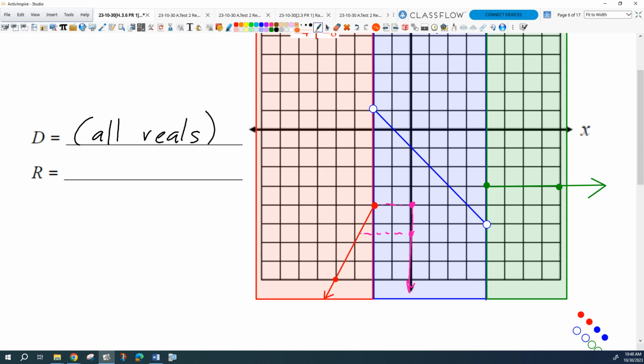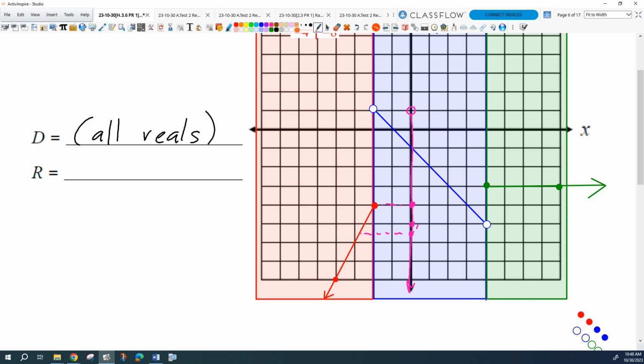What if I did the same with the blue? Well, the blue is going to have a maximum value of 1, but it's an open endpoint because 1 actually is not a y value that's included. And then it would go all the way down to -5, but those are already graphed, so I don't even really need to put that open endpoint in there, right? Those are already part of my range.